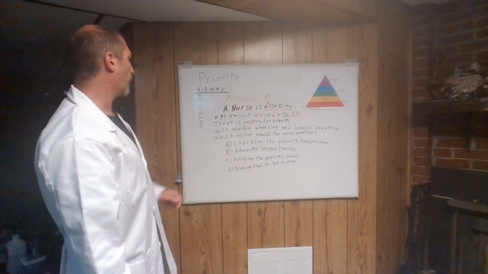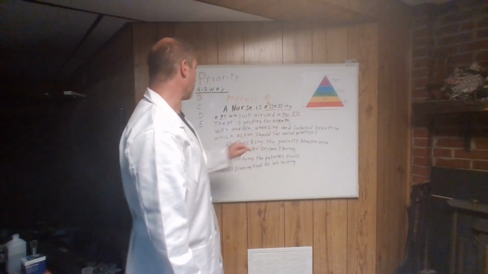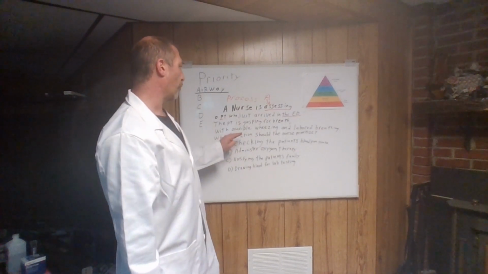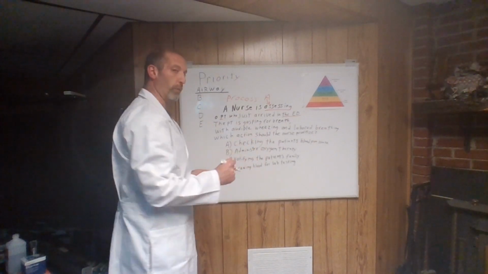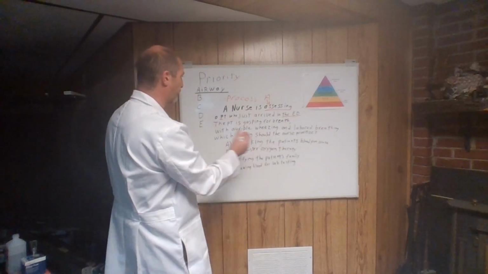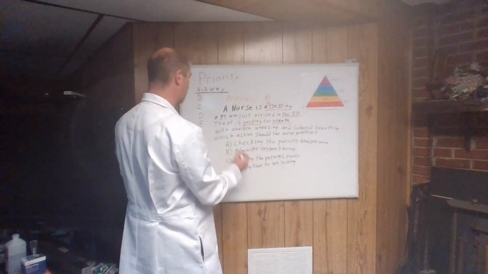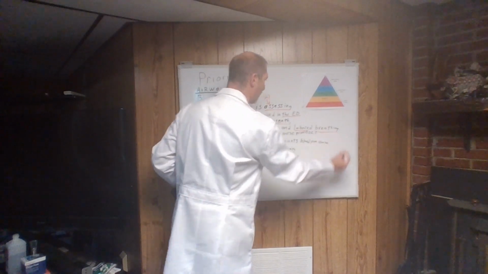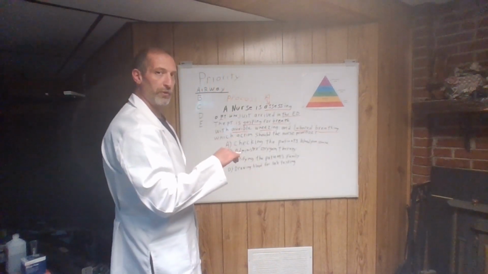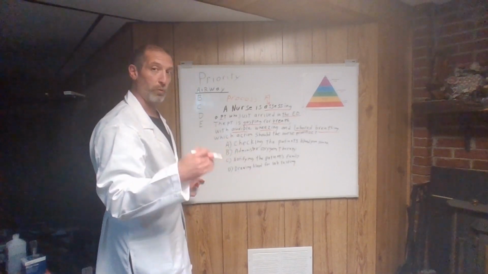All right, now let's move on to the next sentence. The patient is gasping for breath with audible wheezing and labored breathing. Now, we look at our process through here. We have a patient that's gasping for breath. They have audible wheezing and labored breathing. If we look at the process here, we're still in the assessment.